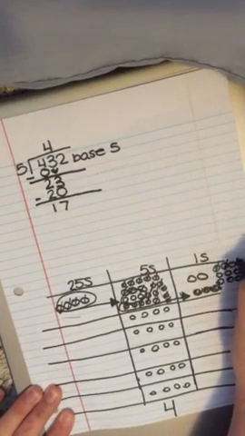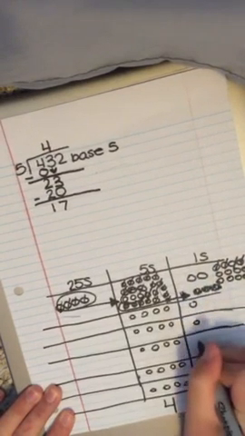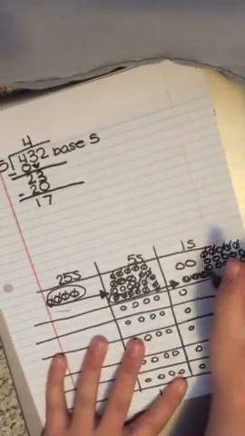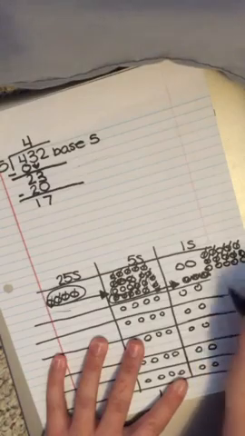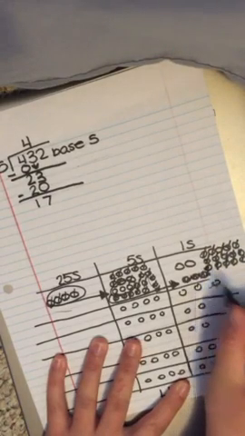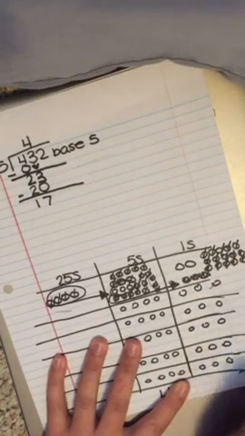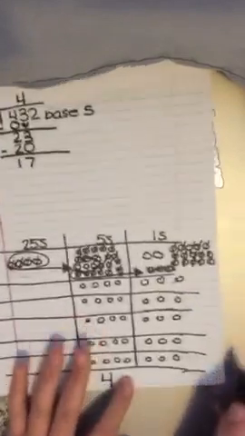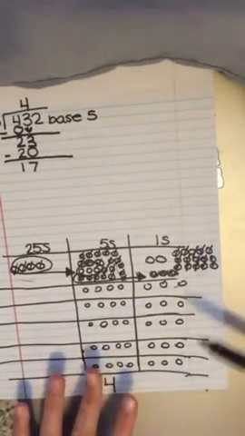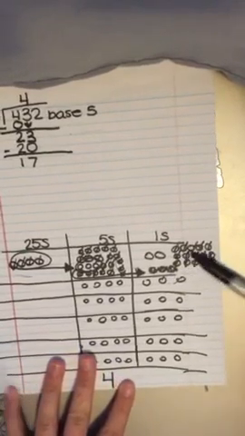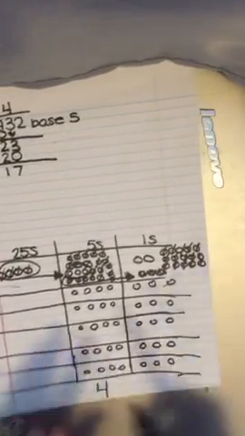So 1, 2, 3, 4, 5, and again, and again. And so we could equally distribute 15 of them so that each grouping gets 3.